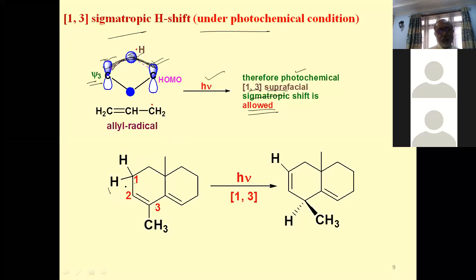So this is going to break, and it is going to migrate to this atom, and we get this product, but under photochemical condition. This happens only under photochemical condition. If you give thermal, it does not go.